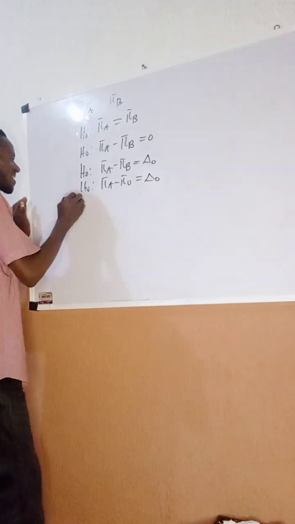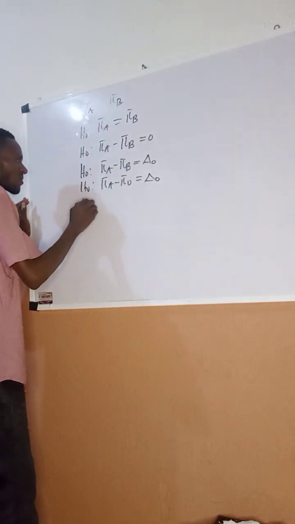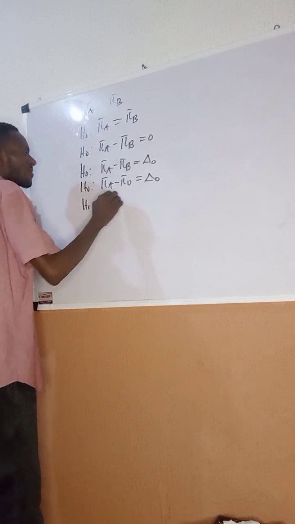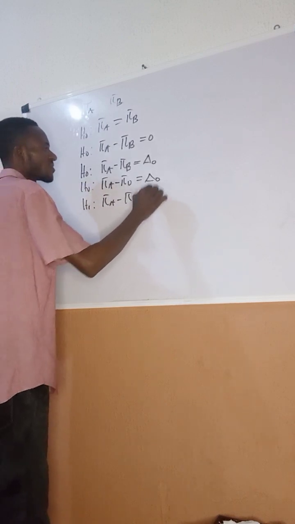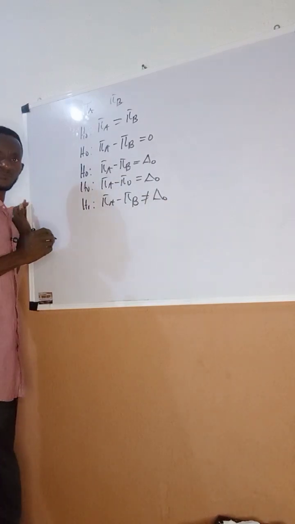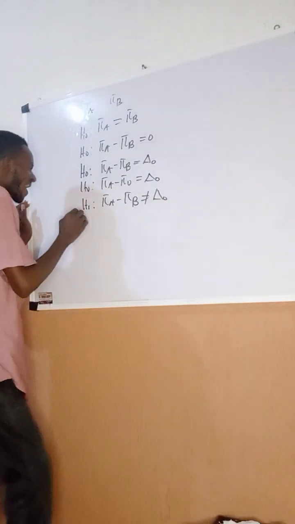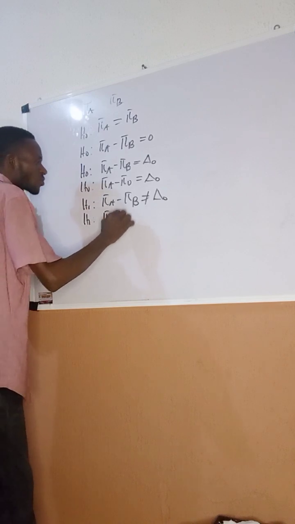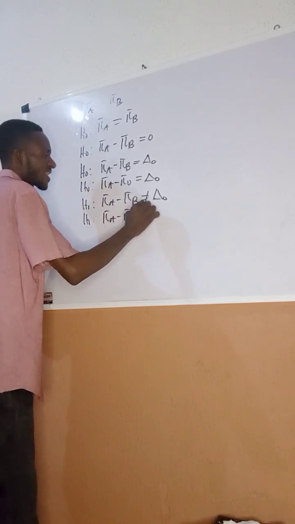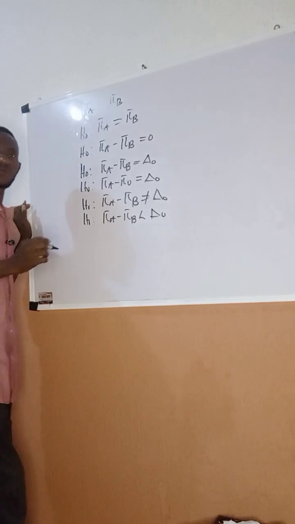And formulating it now, the alternate hypothesis is going to exist in one of these formats. You are going to say against H subscript 1 that pi A minus pi B is not equal to delta 0. Or you are going to say that H subscript 1, that pi A minus pi B is less than delta 0.